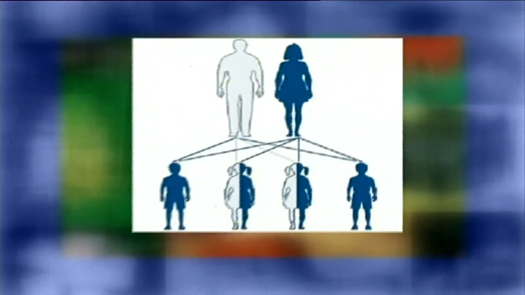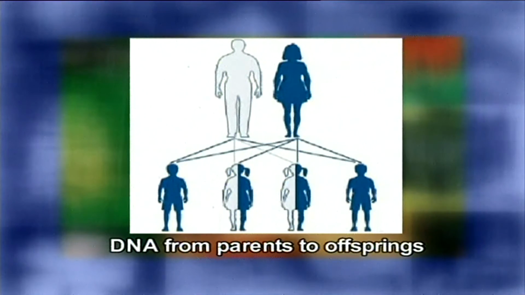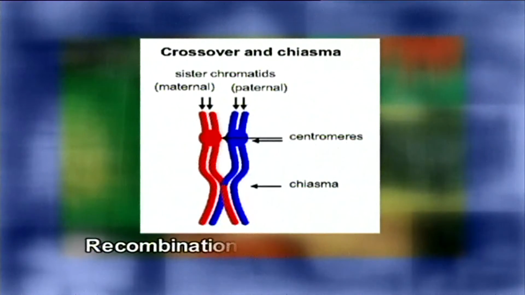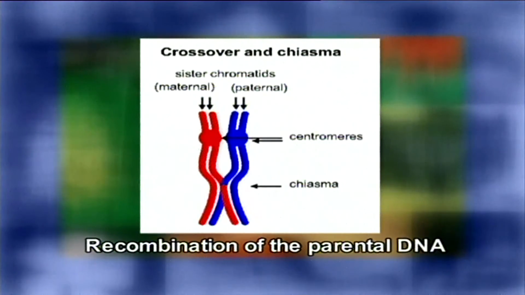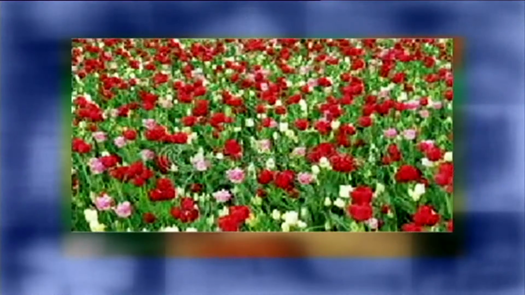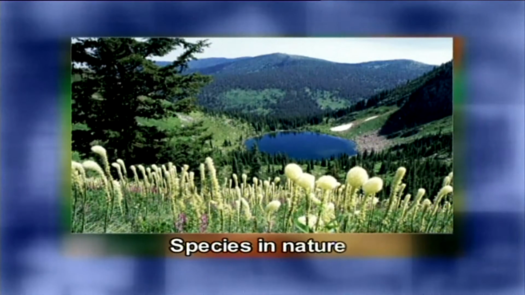DNA replication allows the offspring to have a different combination of DNA than its parents through recombination of the parental DNA during meiosis. Also, DNA replication ensures variations which are critical for species survival in nature.